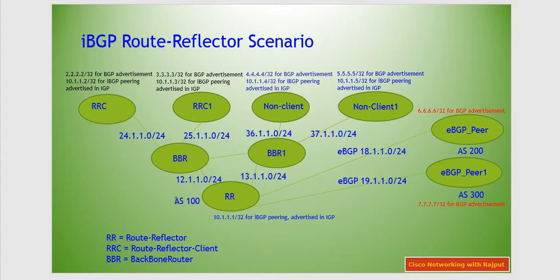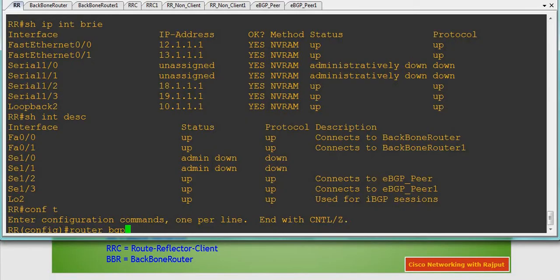RRC, RRC1, non-client and non-client 1 are all part of AS100. This eBGP peer is part of AS200, and this eBGP peer 1 is part of AS300. Accordingly, we will configure.